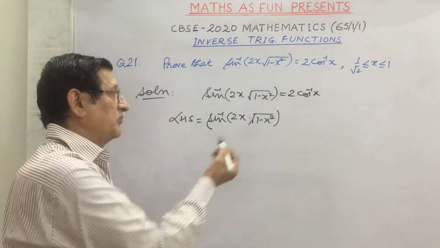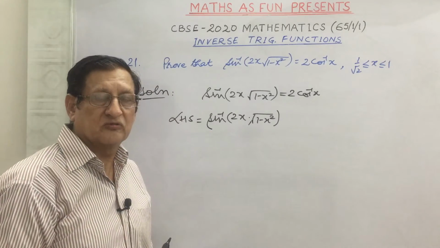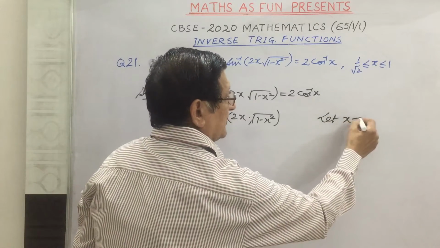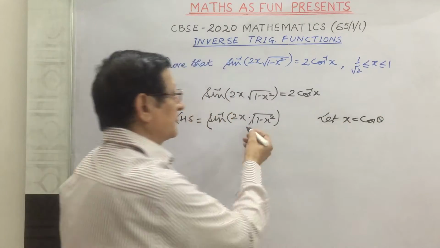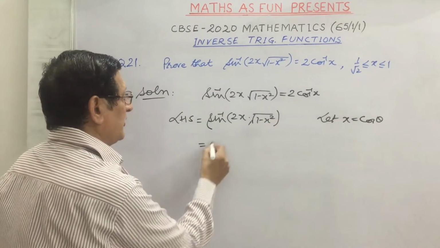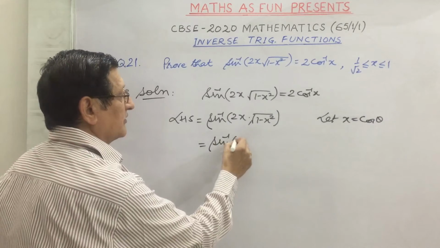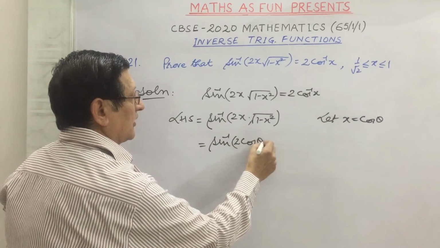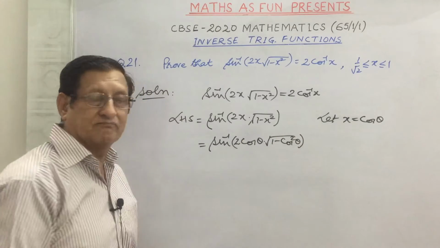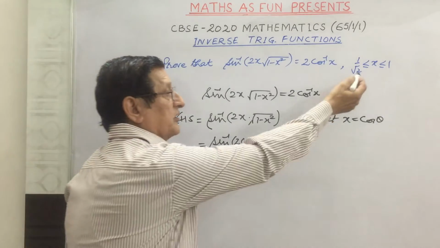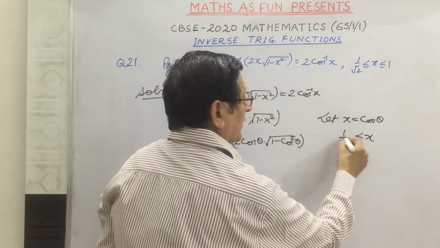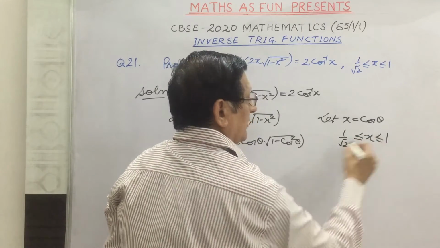In such types of problems, we have to go for trigonometric transformation. So let x be taken as cos theta for this particular problem. If we substitute that, this will be sine inverse of 2 cos theta into root of 1 minus cos square theta. But the condition is given that x is from 1 upon root 2 to 1.